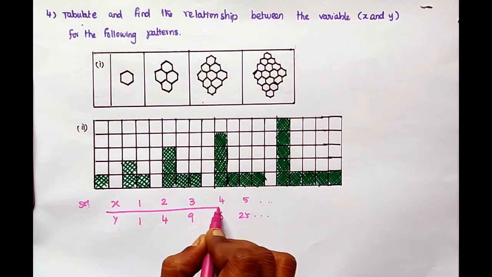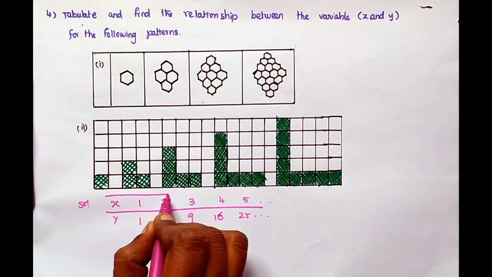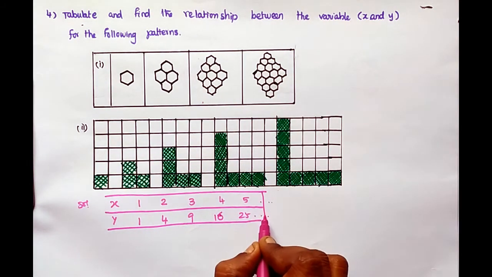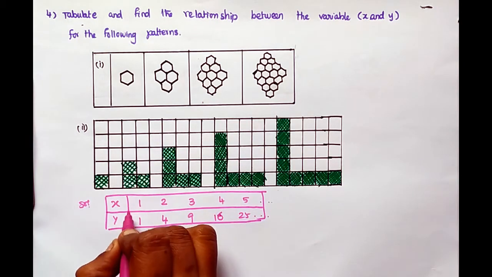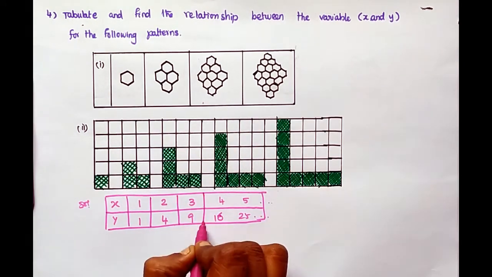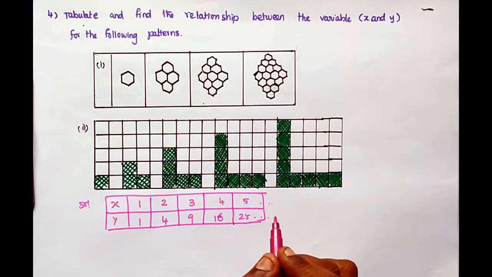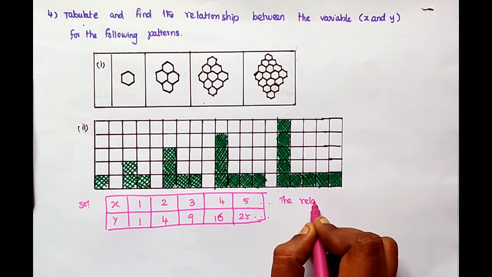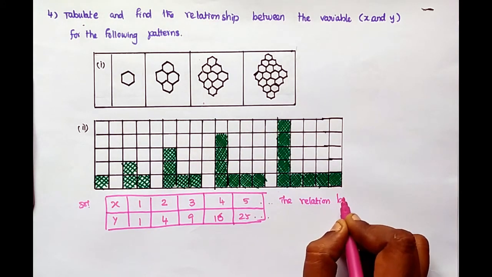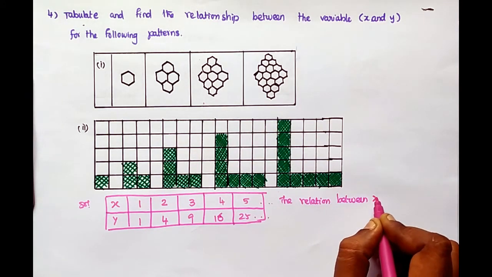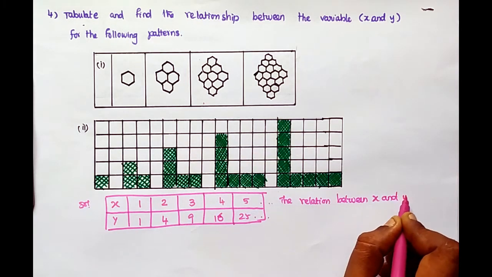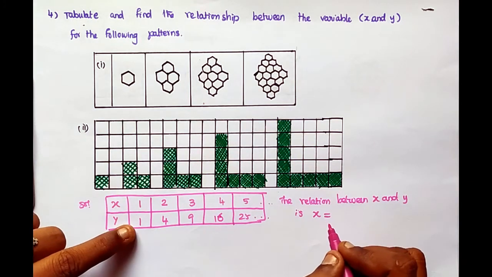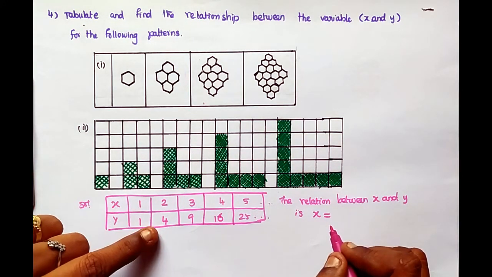So now we tabulate that. They ask what is the relation between x and y. That is the general form. So the relation between x and y is: x equal to 1 means y equal to 1, x equal to 2 means y equal to 4.